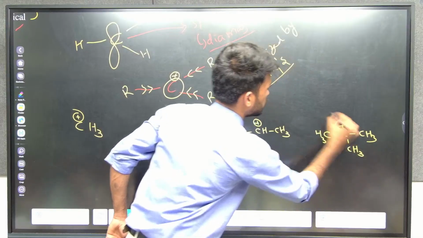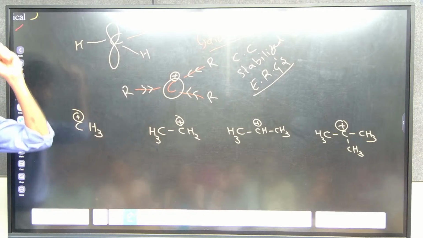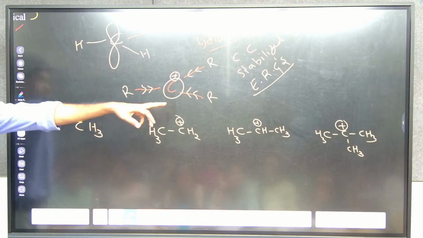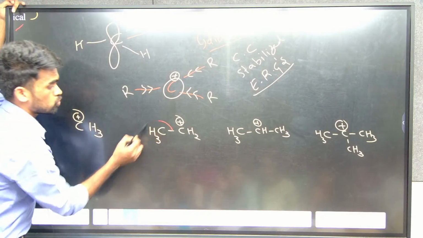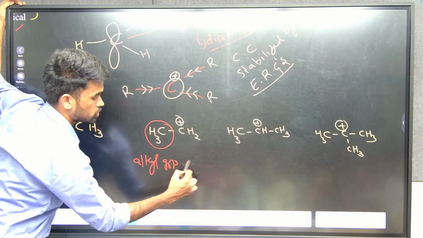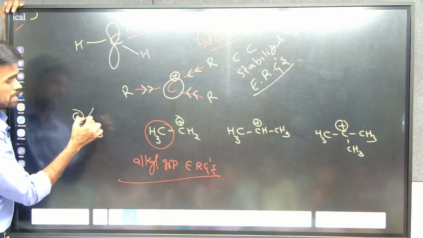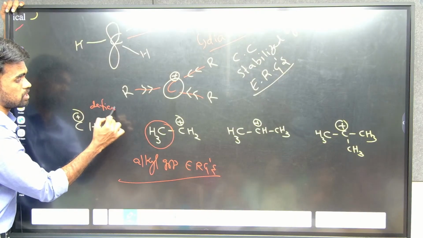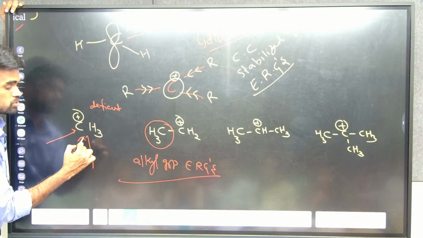So tell me, out of these 4 carbocations, which is more stable? We already discussed this in the basic classes. The last one. Why? Alkyl groups are electron releasing groups. These are electron deficient. Is there any group that helps by releasing electrons to this carbon?